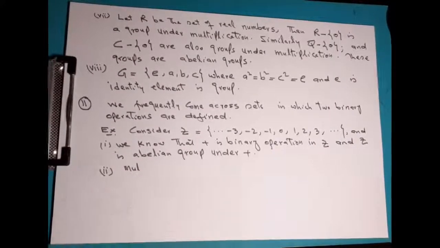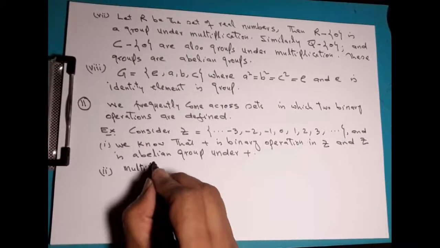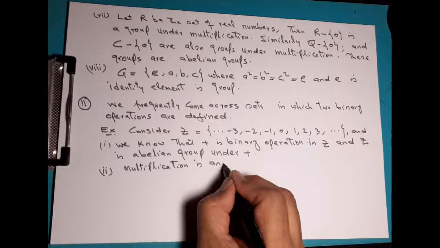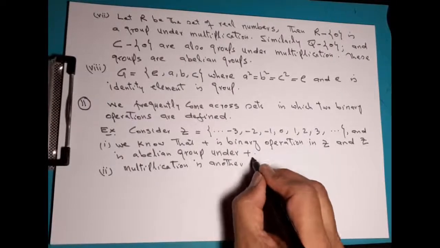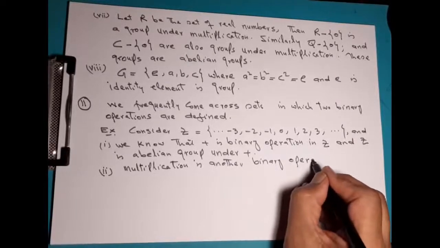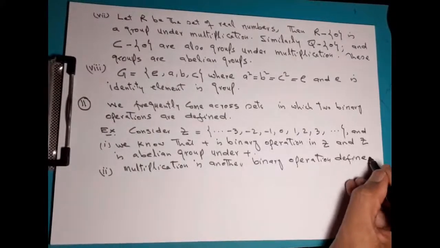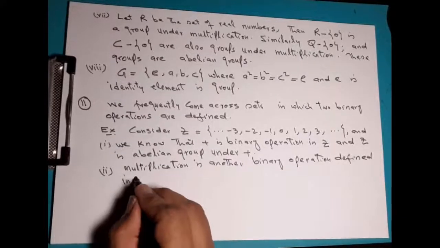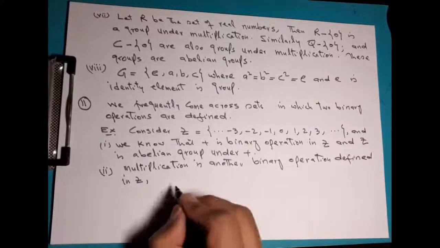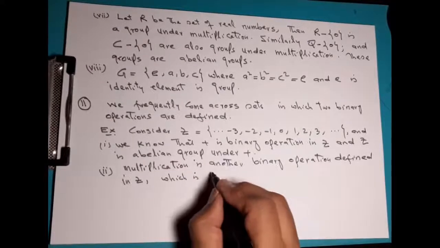So multiplication is another binary operation defined in Z. And about this binary operation, we know that it is associative.